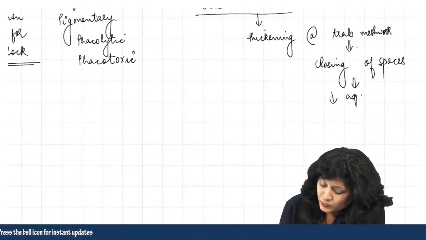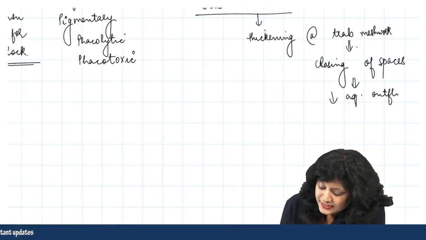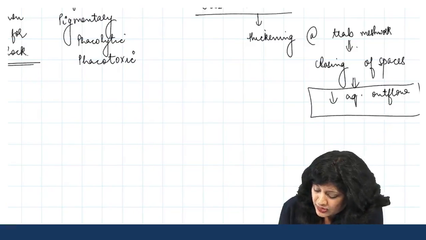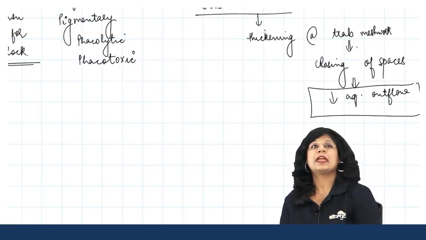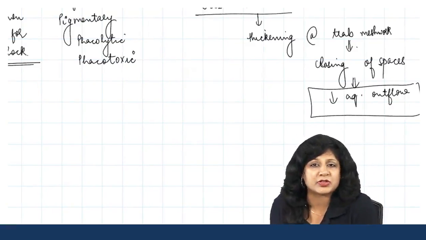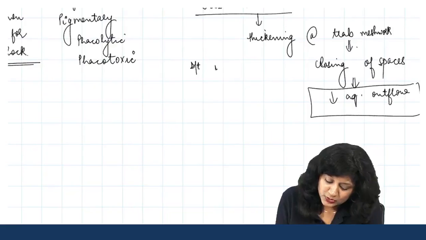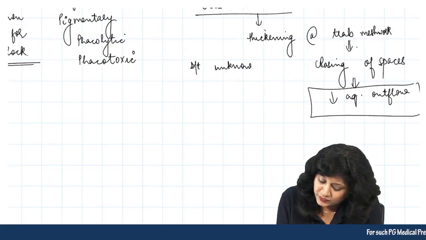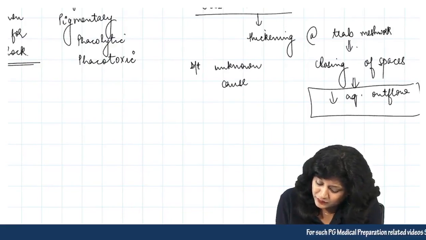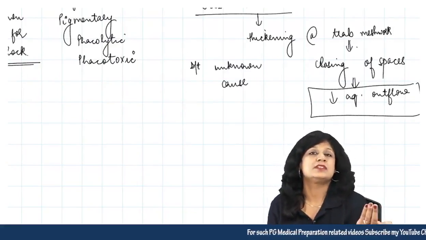So basically it is the decrease in the aqueous outflow which is taking place in the open angle glaucoma due to the trabecular sclerosis thickening, and this is due to an unknown cause. We do not know what is the exact reason why we have the thickening, but we have the thickening and that leads to decreased aqueous outflow. So this option is wrong.